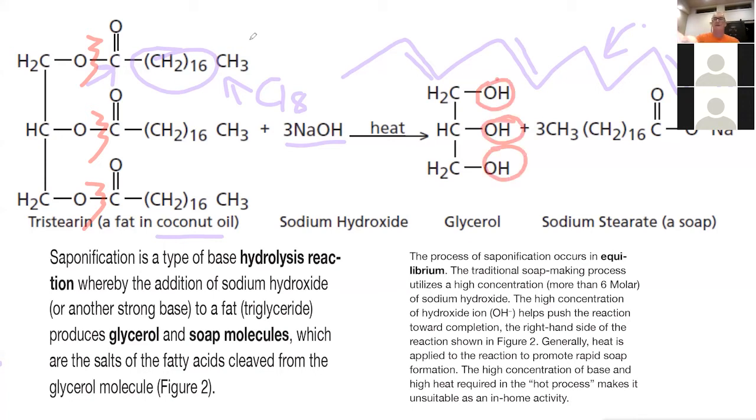And so you can see all that this is just 1, 2, 3 propanol, or 1, 2, 3 hydroxypropane, with 3 hydroxyl groups. We just call it glycerol, and it's really, really thick.